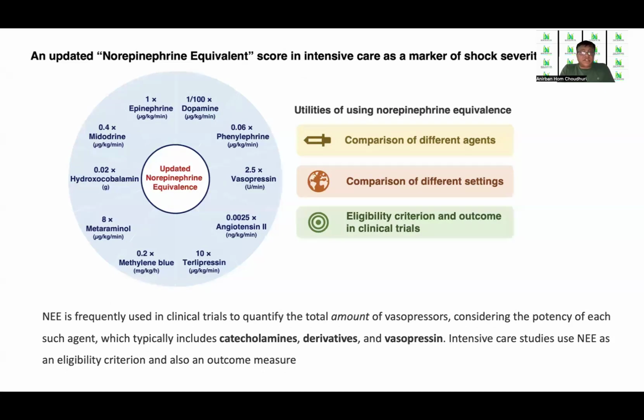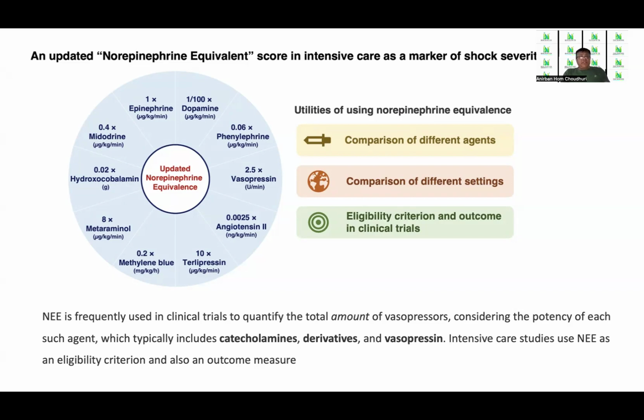So as you can see on the chart, this updated norepinephrine equivalence considers 1 times the dose of epinephrine, followed by 1/100th times dopamine, which again becomes the norepinephrine equivalent, 0.06 times phenylephrine in mcg per kg per minute, which again gives us a norepinephrine equivalent.